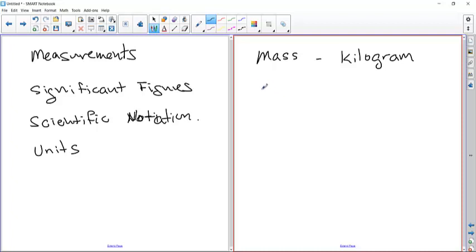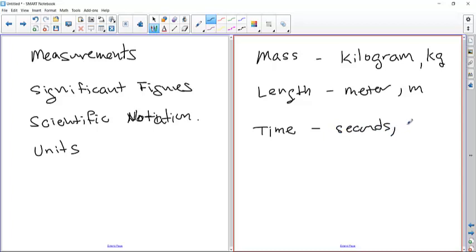Okay, so mass is one of the units. The next one is length. The unit of length is a meter. The abbreviation for kilogram is kg. The abbreviation for meters is m. The third unit is time, and that is in seconds.